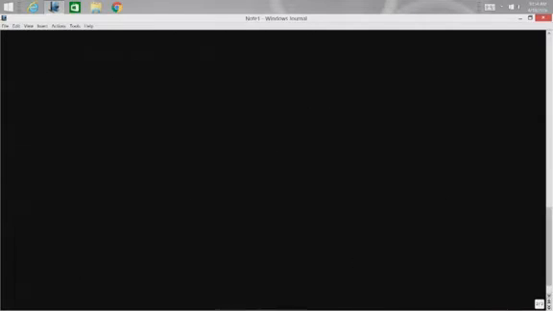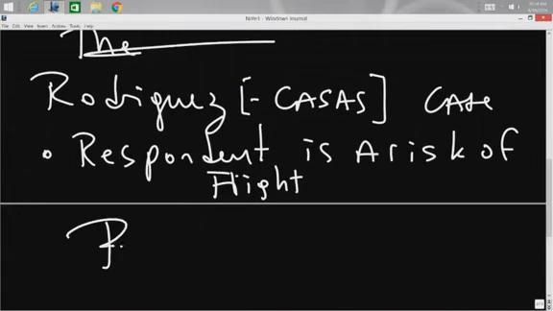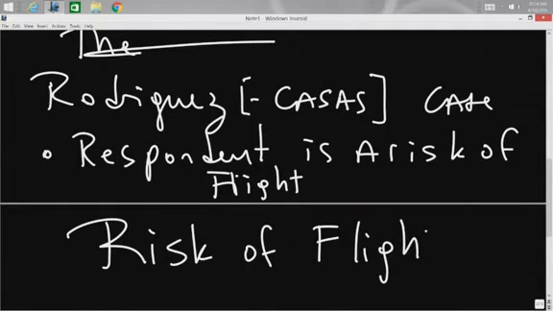So that's a word you need to know. How do you say risk of flight in the target language? And really what it means is the risk of this defendant, this respondent, of not coming back, of leaving the jurisdiction, becoming sort of a fugitive, okay? That's another way to look at it.